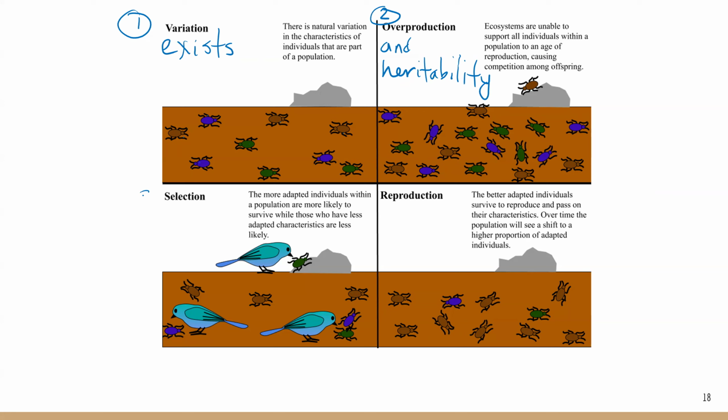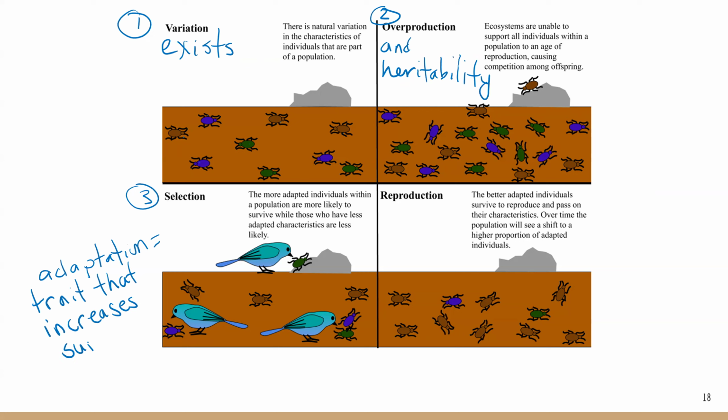What that took us to then is, so this is the result. He saw that the ones that had better adaptations, and we define adaptation as a trait that increases survival.